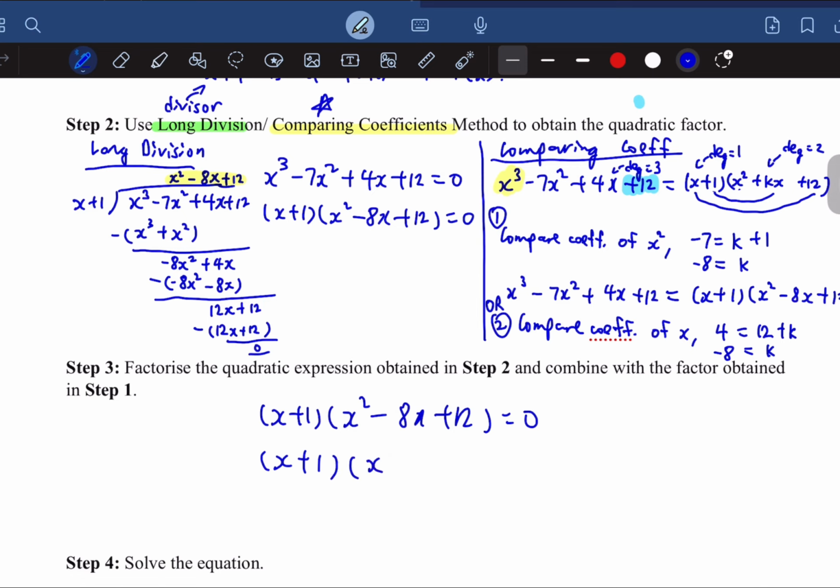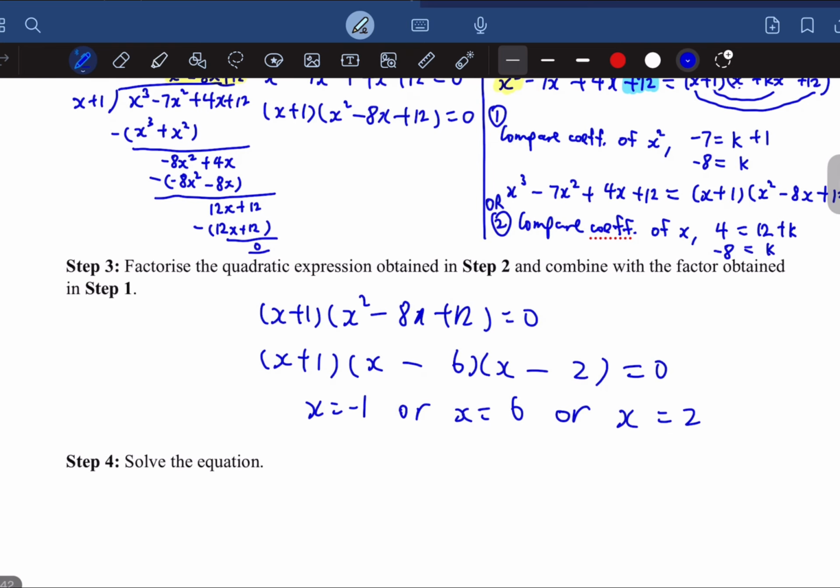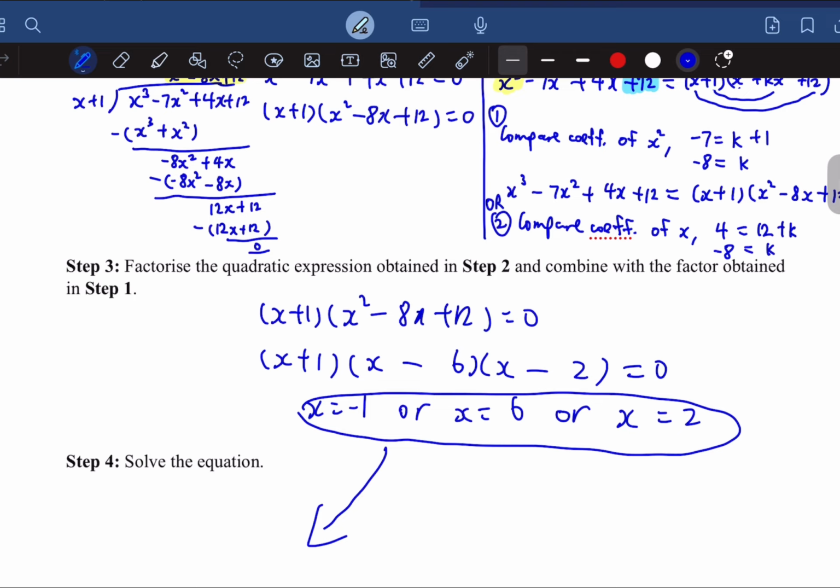I have x minus 6, x minus 2. So this is how I factorize. Then because we are asked to solve, x equals -1, or x equals 6, or x equals 2. Got it? Sorry, this part should be my bad. This part should be step 4. Okay, thank you.